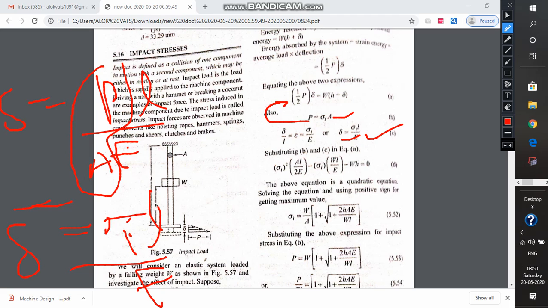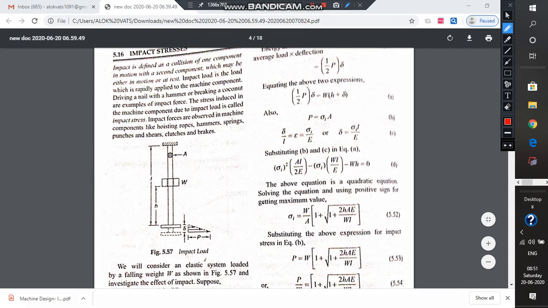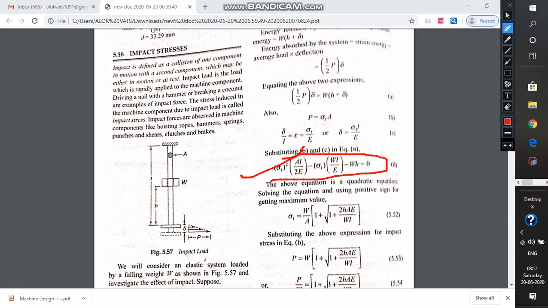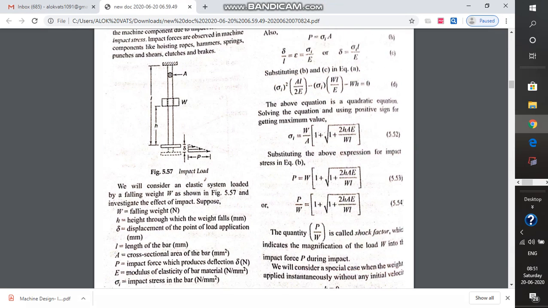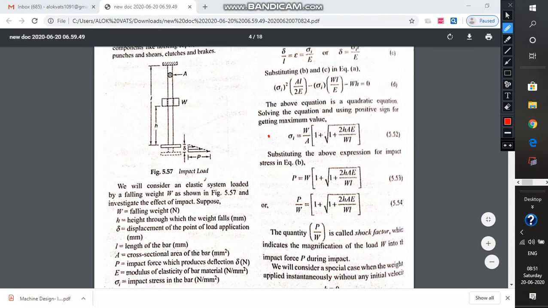This corresponds to equation number C. When equations B and C are put in the very basic equation of engineering mechanics, they yield a quadratic equation, which is equation 2. We can solve this equation using the quadratic formula, and we will finally get the value of sigma I.